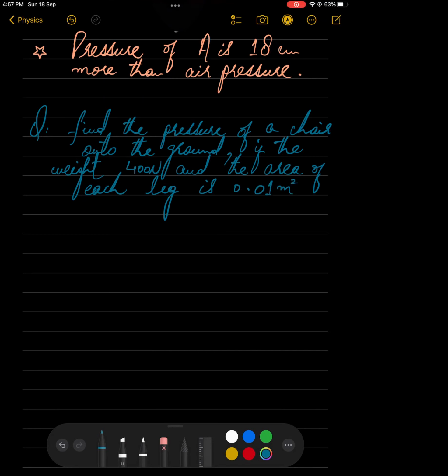Now we were asked to solve this and figure out the total pressure in this particular case.